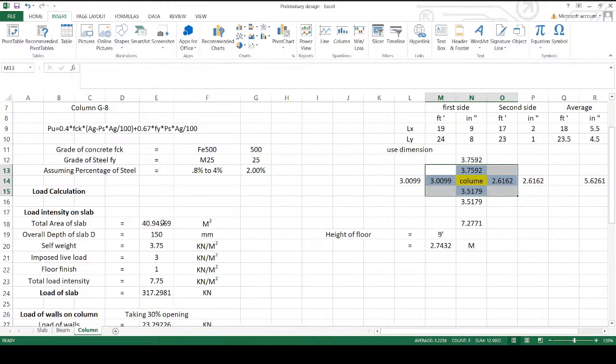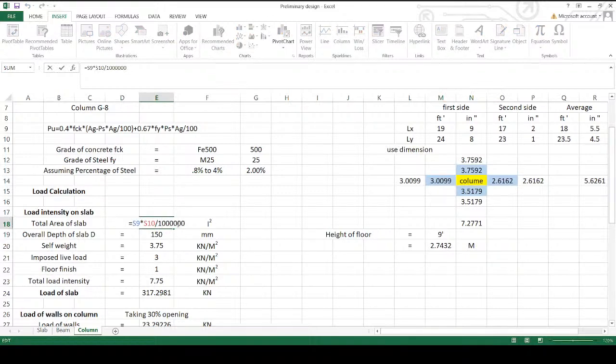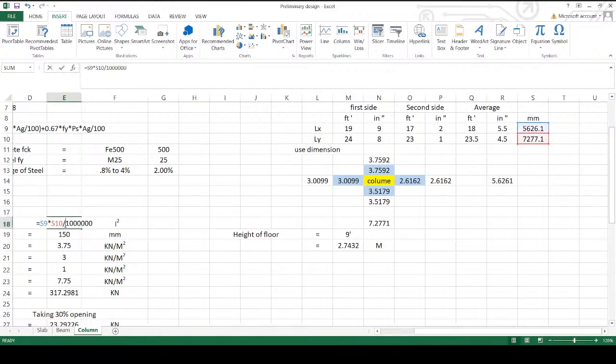You have to calculate this area, which is simply total length into breadth. I have calculated the length and breadth, that is 7.5, 7.22 and 5.22.